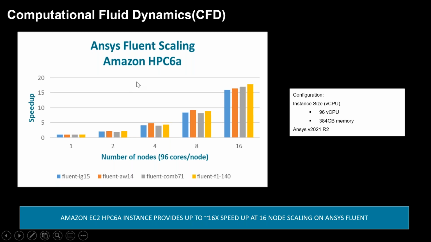So Hpc6a gives a great dose of scalability to these codes when run on AWS. And that's important because when you scale linearly, you can significantly cut the time to solution, which Erica so aptly demonstrated in her presentation.